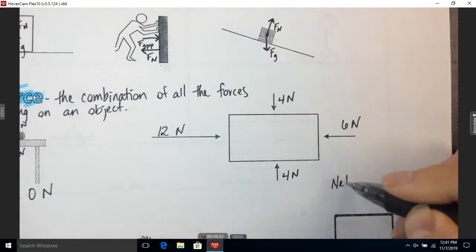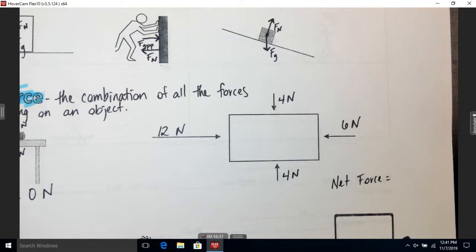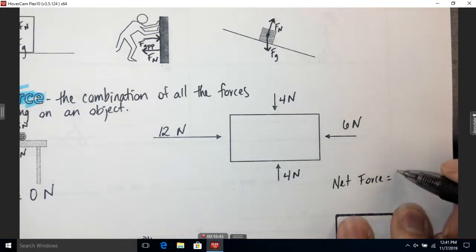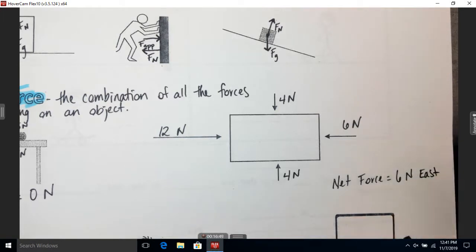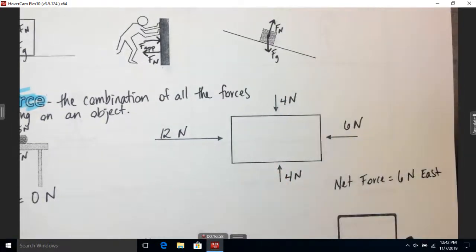I want to know what is the net force on the box. 6. Okay, it's a vector. 6 newtons east. So, you see these two? They're just both pushing with the same amount.